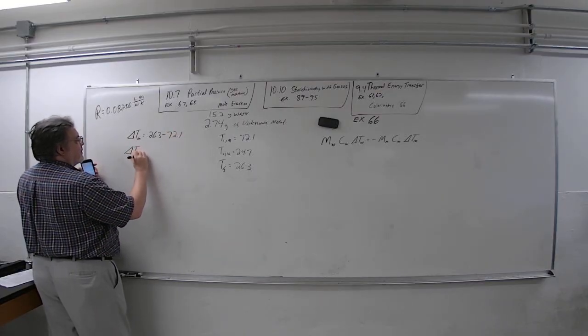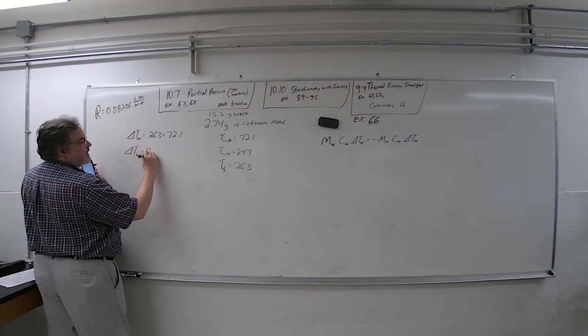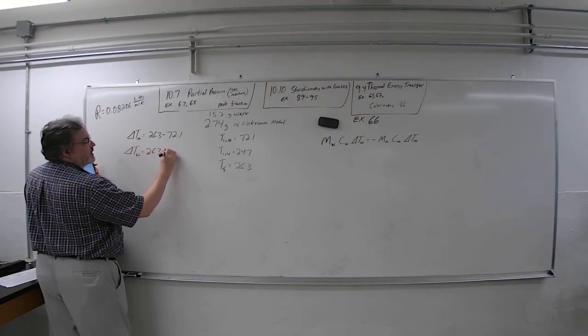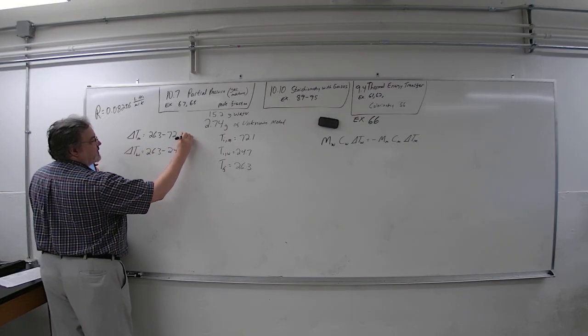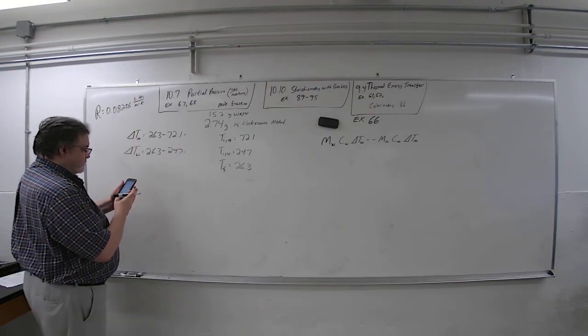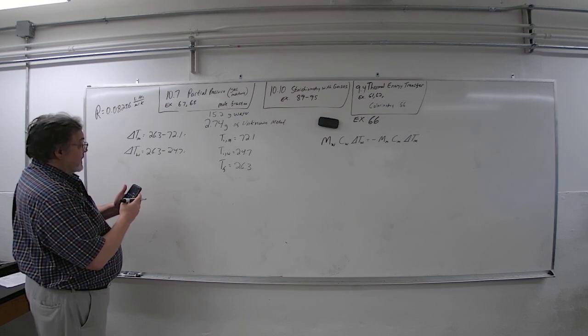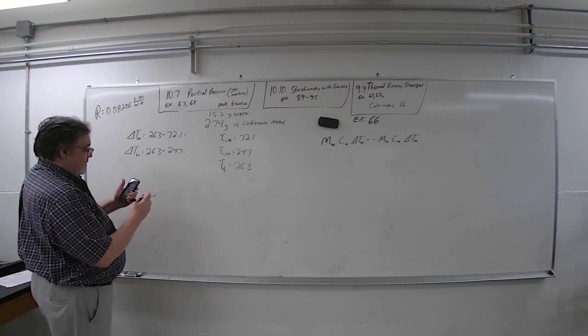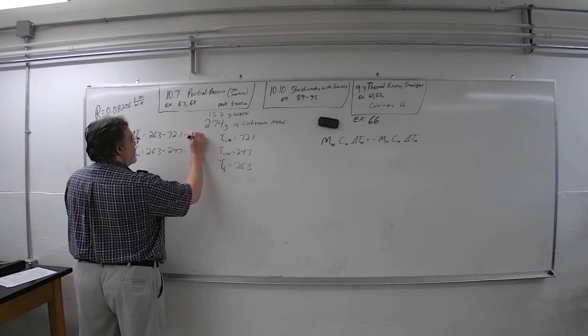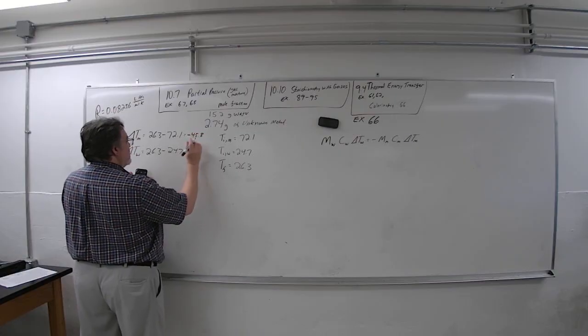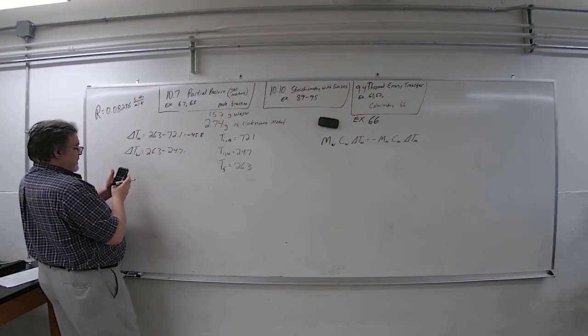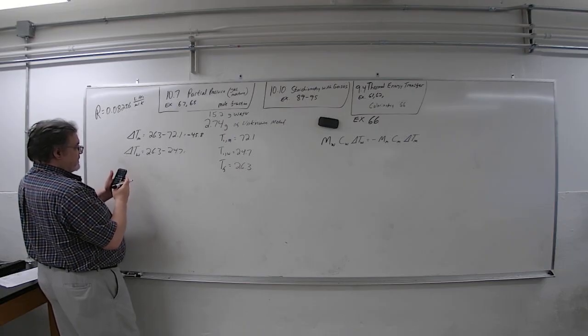Delta T for the water equals final 26.3 minus 24.7.